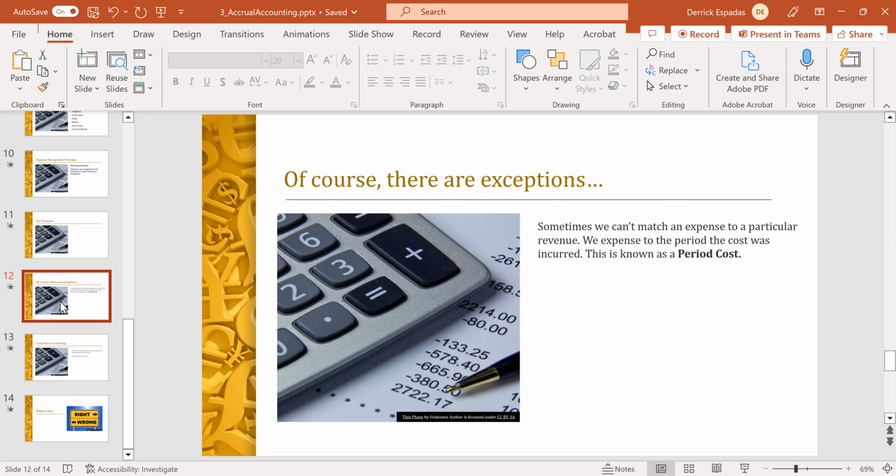So when we have things like that we can't properly match up, usually administrative costs, we call those period costs. We expense them to the period, the time that we're doing. So if we did a marketing campaign in January, we paid the bill in January, we're going to put them in January.